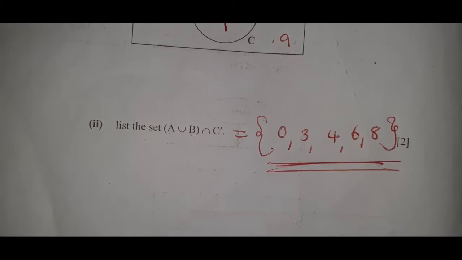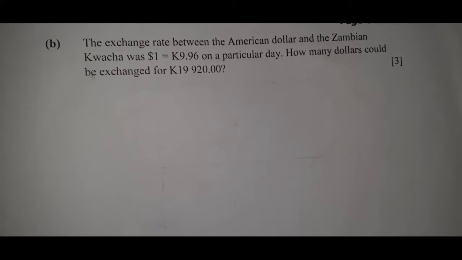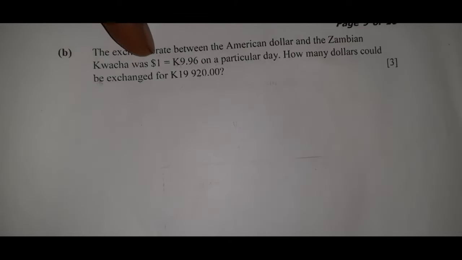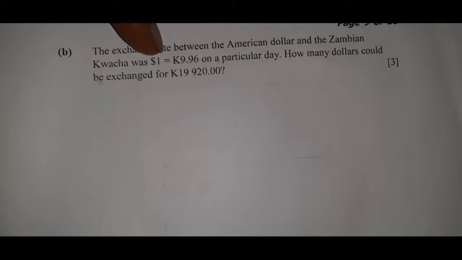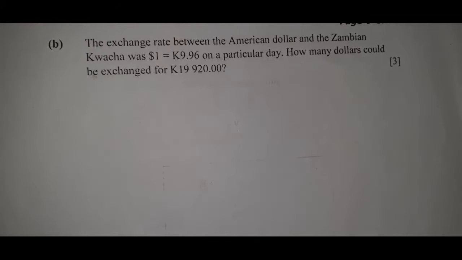Okay, we move on to the next one. Question 5B: the exchange rate between the American dollar and the Zambian kwacha was 1 American dollar is equals to 9.96 kwacha on a particular day.